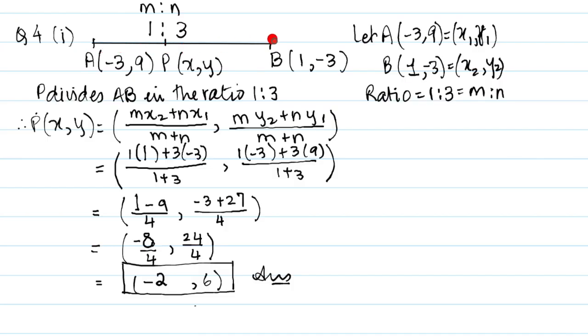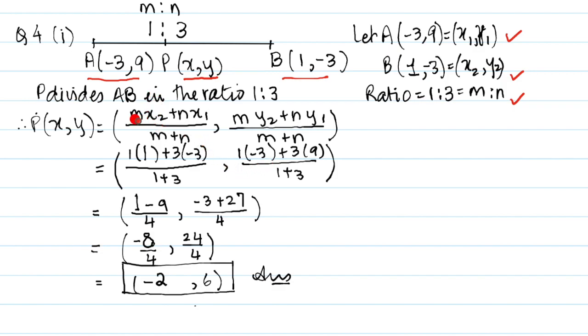We first draw the line and we write the coordinates of A and B, and we show P with x and y as the coordinates, and we write 1:3, which is our ratio m:n, and I write this x1 y1, x2 y2, m:n, and using the section formula, P(x, y), we will have (mx2 plus nx1) upon (m plus n), and here (my2 plus ny1) upon (m plus n).